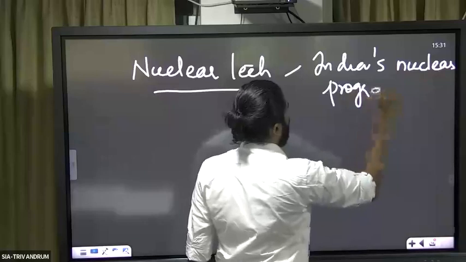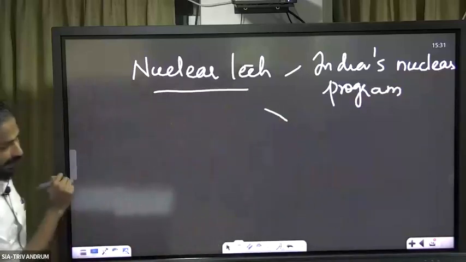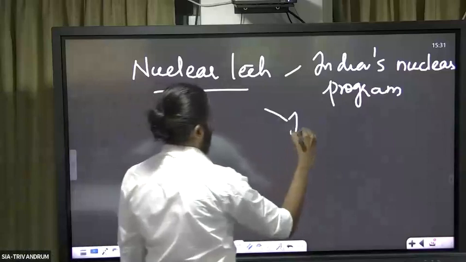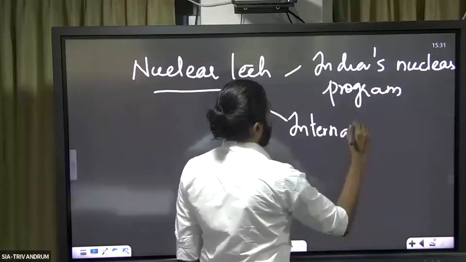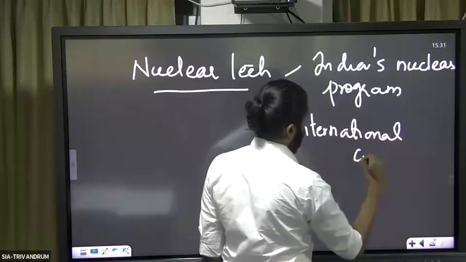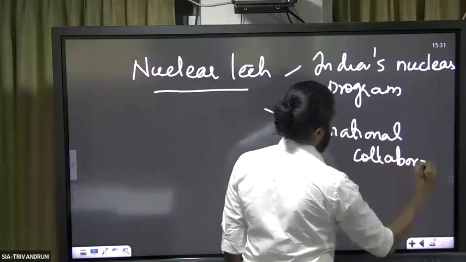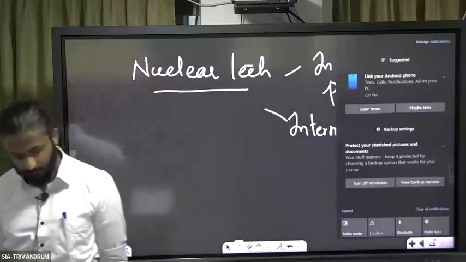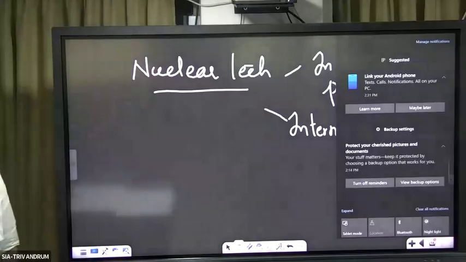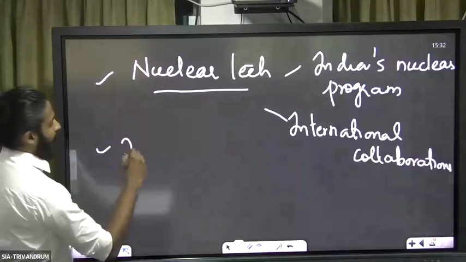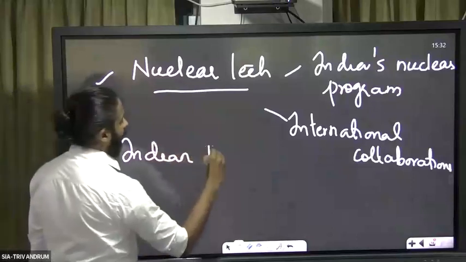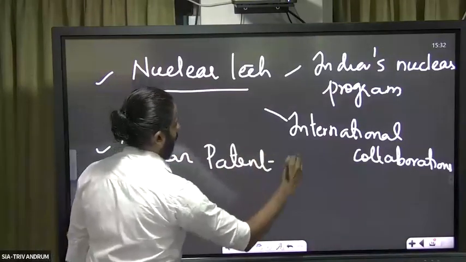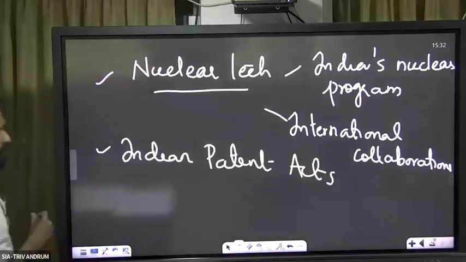Be very thorough with this, in the nuclear program and international collaborations. Then another thing is the Patent Act, the Indian Patent Act, and different types of patents, which will come in science and technology.